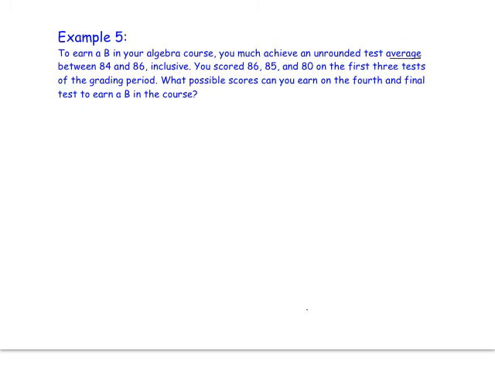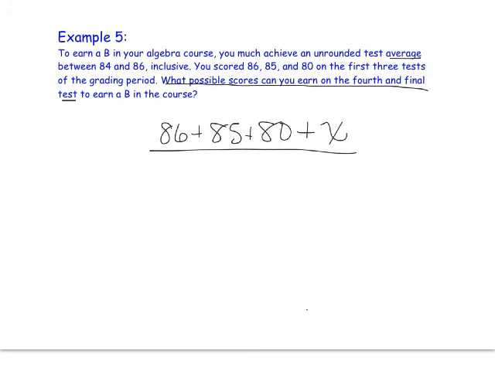So on the test scores, we've scored an 86, an 85, and 80, and it says we're supposed to find what possible scores could you earn on the 4th and final test. So the 4th one we don't know, it's going to be x, and since I'm averaging 4 tests, I'm going to divide by 4. So add those 4 scores up and divide by 4, and it says we want to get a score of a B, which means we have to have an unrounded test average between 84 and 86 inclusive.